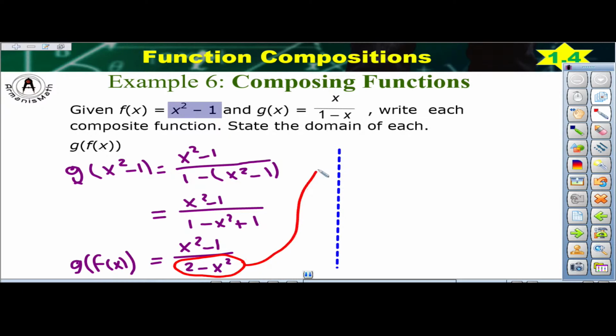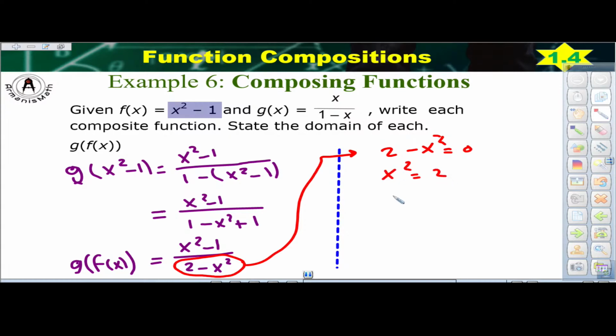So you're going to say 2 minus x squared equals 0. And then you could add x squared to both sides, or you could subtract the x's, or you could subtract the 2's. It's easier to add the x squared to both sides. So x squared equals 2. X equals plus or minus square root of 2. So you also have to exclude these, by the way. So not just the one at the top, but also you have to exclude plus or minus square root of 2 as well.